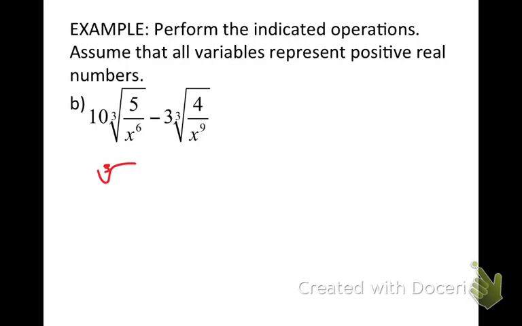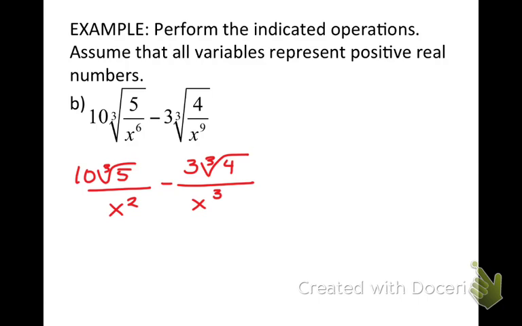Cube root of 5, I can't simplify that. What will be the cube root of x to the 6th? X squared, right, because 3 goes into 6 2 times. Now I can just throw that 10 up there in the numerator. Over to this side, I can't simplify a cube root of 4, so that would just say 3 times the cube root of 4. The cube root of x to the 9th would be x to the 3rd.